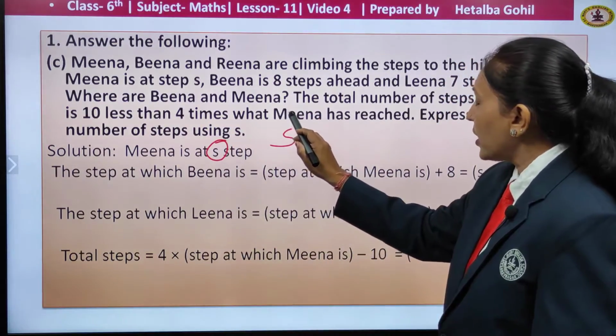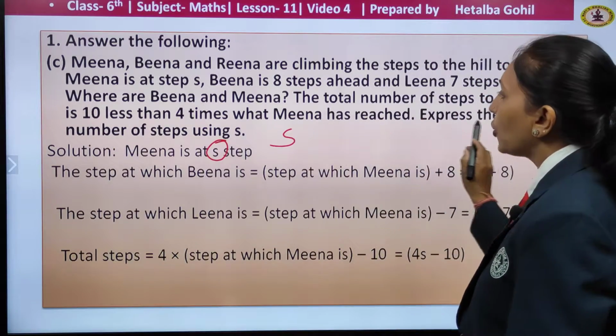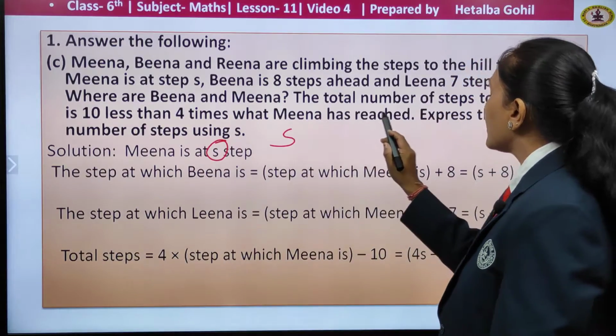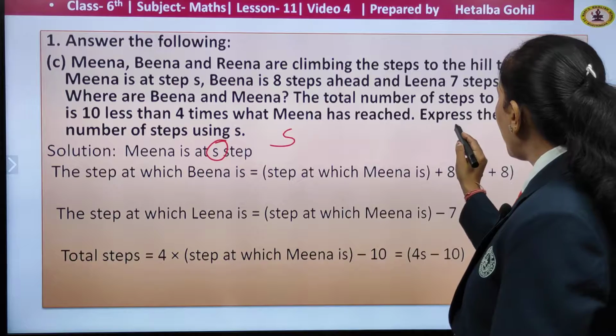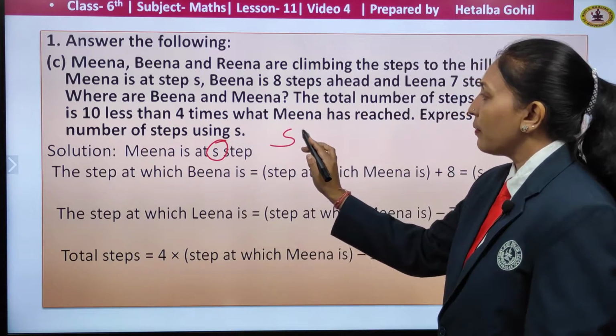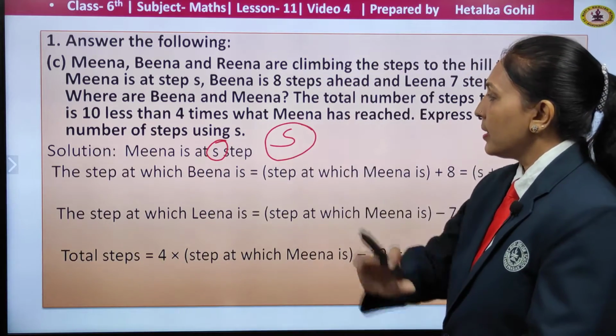That is the first question. And the second: the total number of steps to the hilltop is 10 less than 4 times what Meena has reached now. Express the total number of steps using S. So all this we have to answer on the basis of S, where Meena has reached.